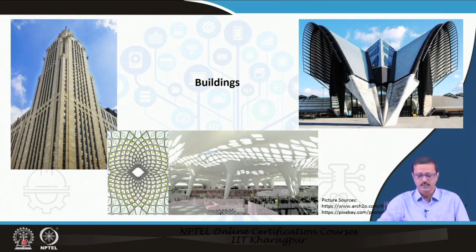The lower one is an arena where long span, very lightweight structural systems are required, which is definitely very different from the tall or high rise building. The third one is a curvilinear structural system, which is a kind of arch. But all three take care of the building or the habitat.